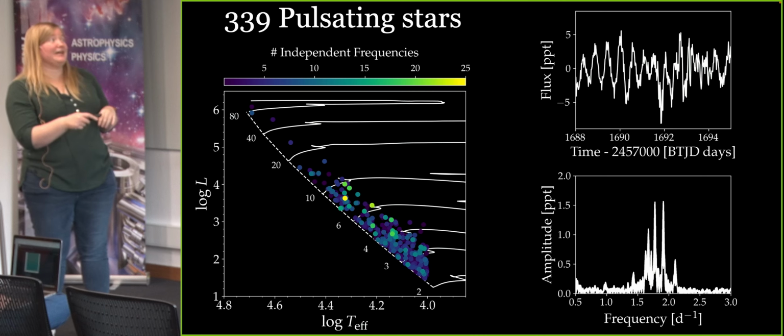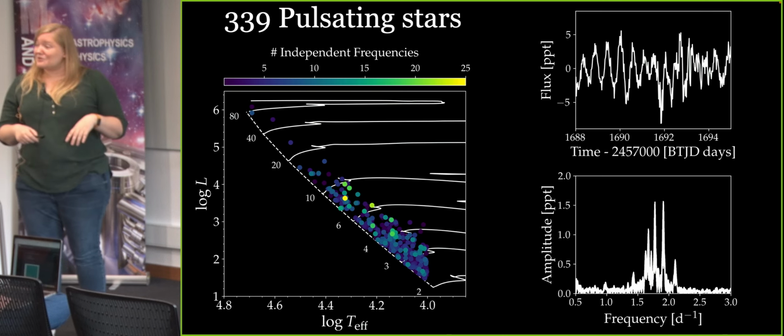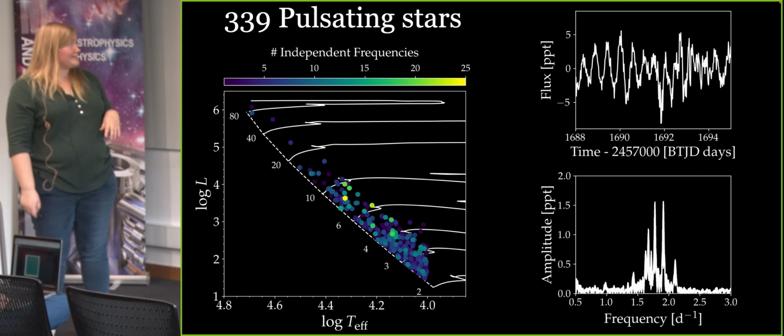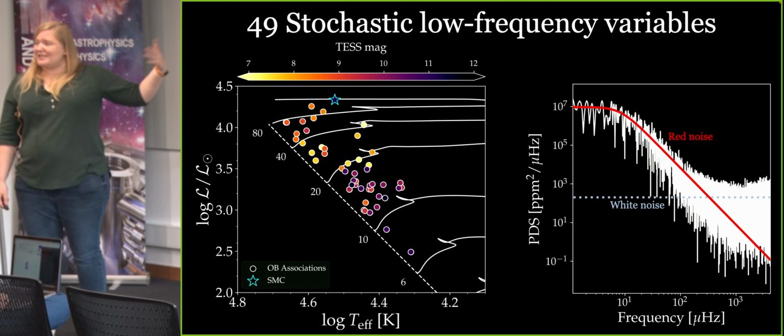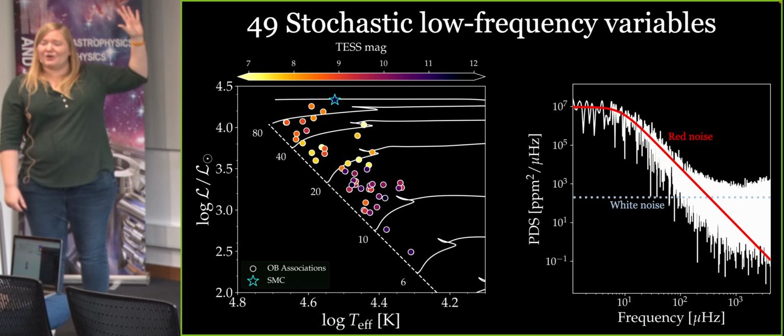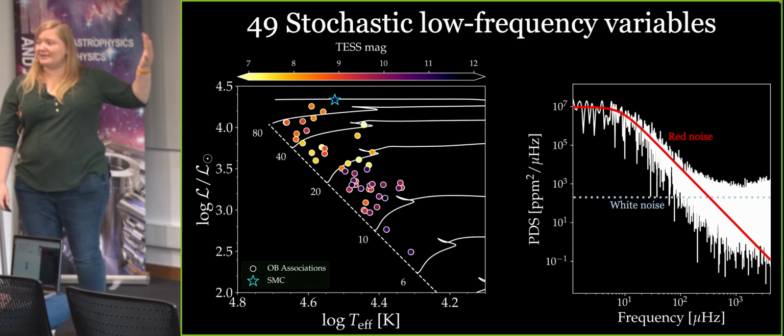Here's an example of a light curve from TESS and the Fourier transform of said light curve. So this is again a slowly pulsating B-type star in this case, observed by TESS. In addition, we also find a different type of variable that has also only relatively recently been discovered using data from space telescopes.